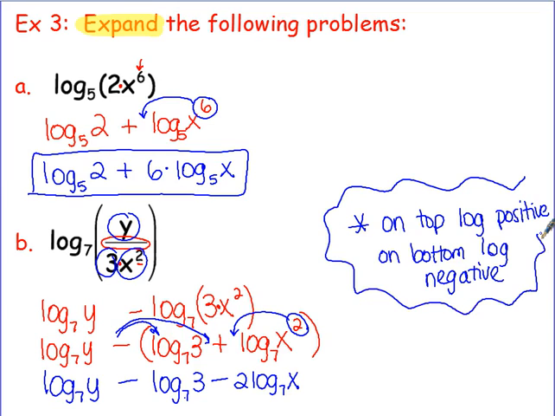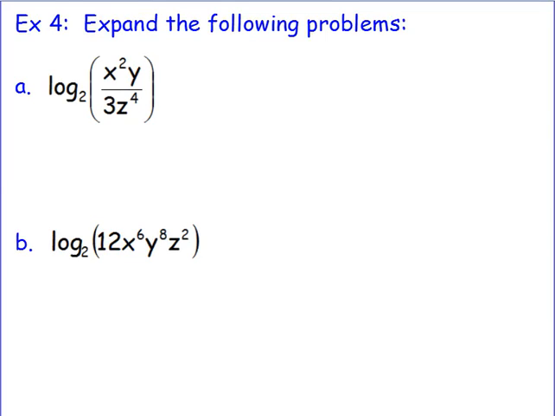Count how many items you have, write out that many logs. The top ones have positive logs, the bottom ones have negative logs. So that being said, let's take a look at one more together and then I'm going to have you try B on your own.